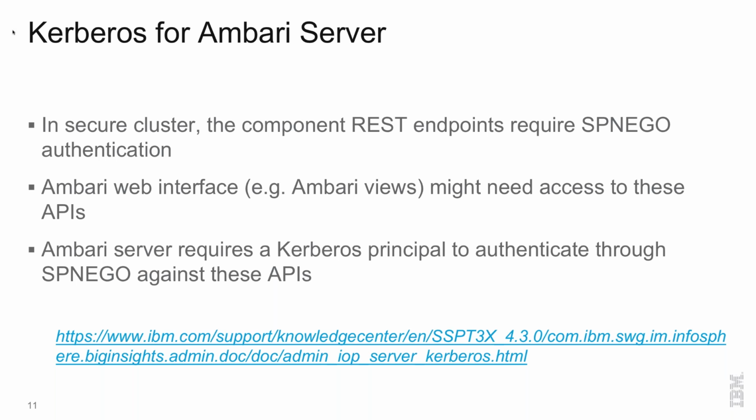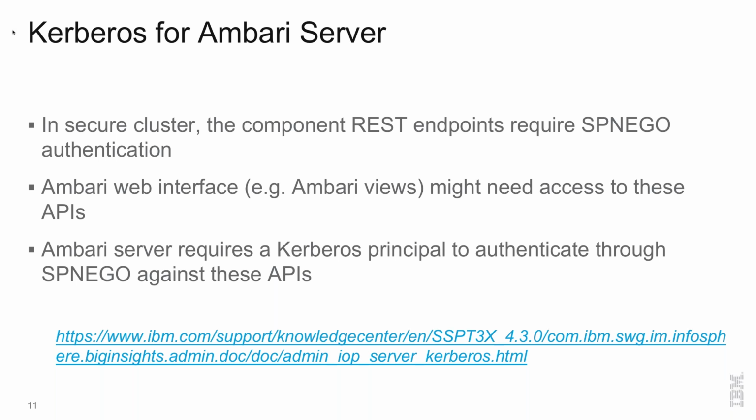if you want to use some features on the Ambari web UI, for example the Ambari views, we need to call these REST APIs to get the data. Then the Ambari server itself needs to have a Kerberos principal to go through this SPNEGO negotiation protocol.